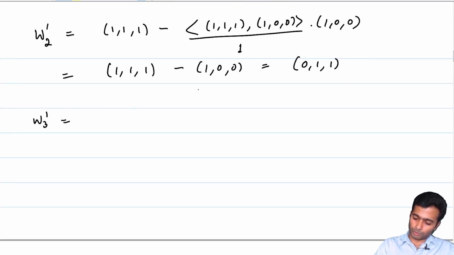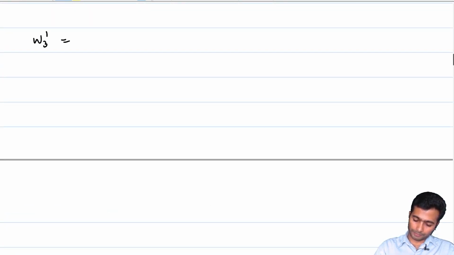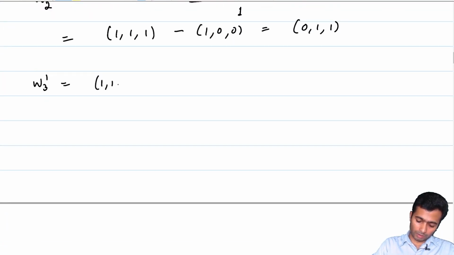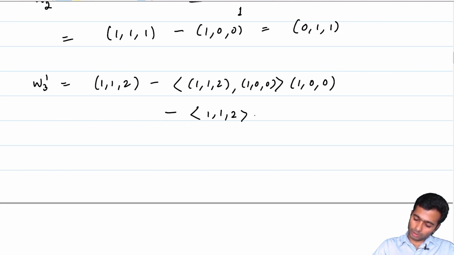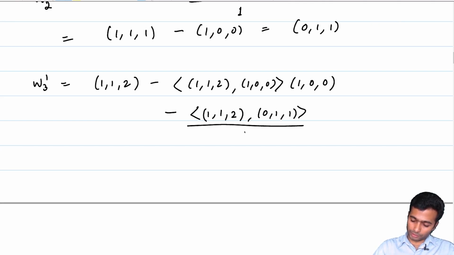And what about W3 prime? W3 prime will just be equal to (1, 1, 2) minus the inner product of (1, 1, 2) with (1, 0, 0) times (1, 0, 0), minus the inner product of (1, 1, 2) with (0, 1, 1) divided by the length of W2 prime squared, which is 2, times (0, 1, 1).